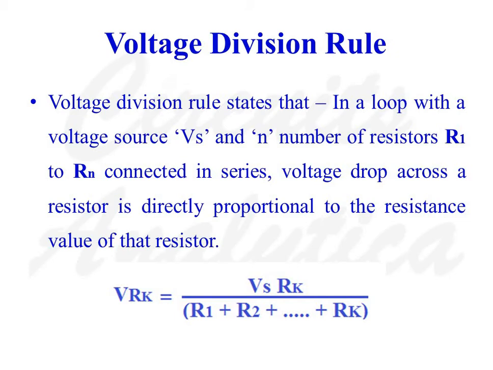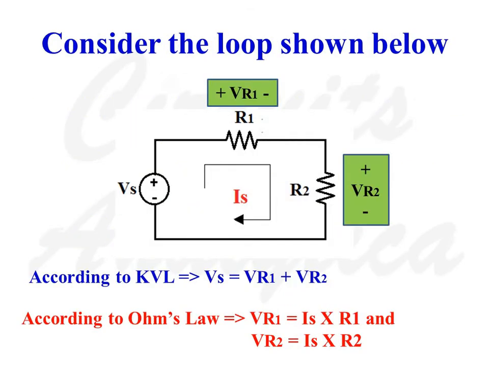Voltage division rule states that in a loop with a voltage source Vs and n number of resistors R1 to Rn connected in series, the voltage drop across a resistor is directly proportional to the resistance value of that resistor. So VRk is equal to Vs into Rk, the whole divided by R1 plus R2 plus R3 plus etc. plus Rn.